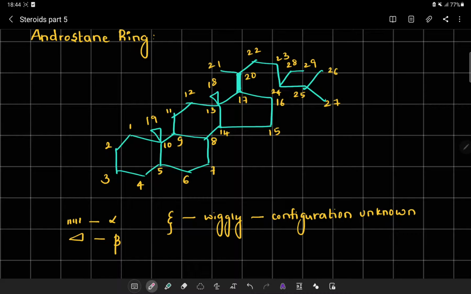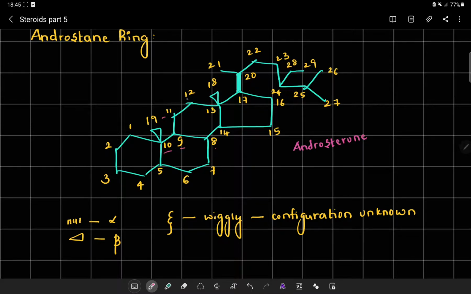This one system that is visible is called the androstane system. We are just giving a skeletal structure here. Now, when I look at the numbering system, I can observe 1, 2, 3, 4, 5, 6, 7, 8, 9, 10.